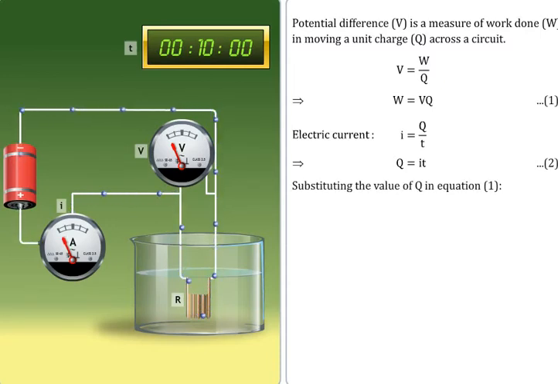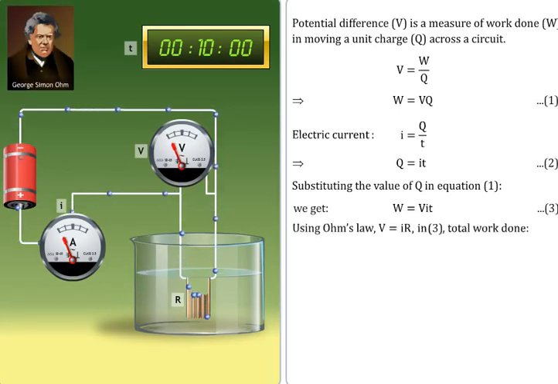Substituting the value of Q in equation 1, we get equation 3: W = VIT. Now let's use Ohm's law, V = IR, in expression 3, to get the formula for the total work done by electric current.